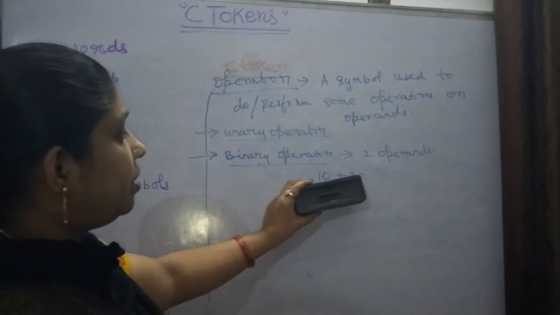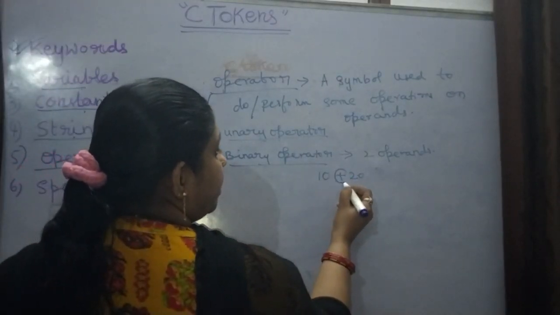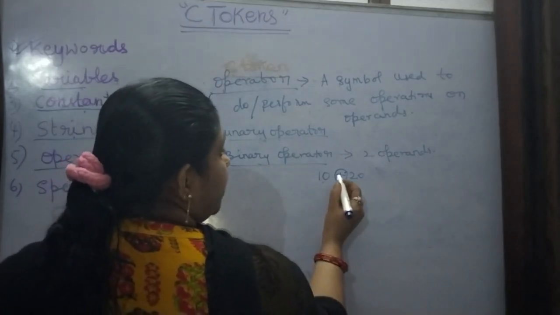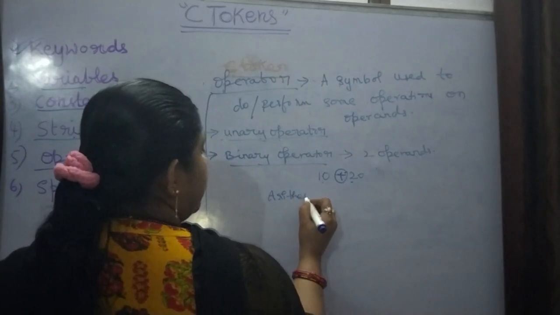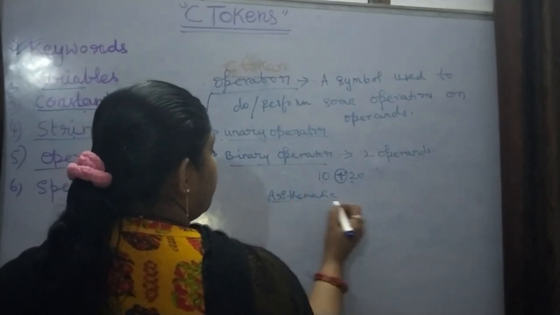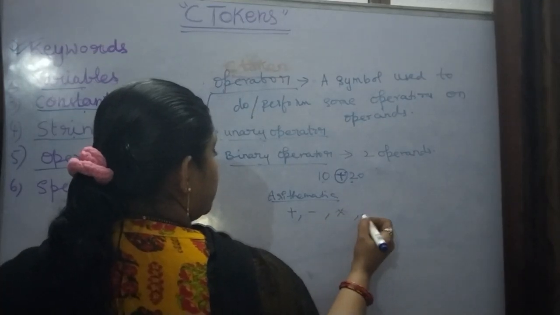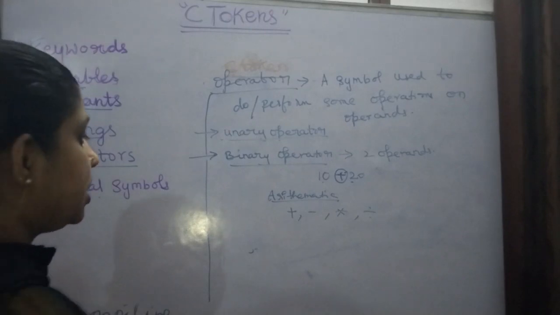This is one operand, this is another operand, and this is the operator. This is used mostly for arithmetic operations, which are done with two operands, like plus, minus, multiplication, division.